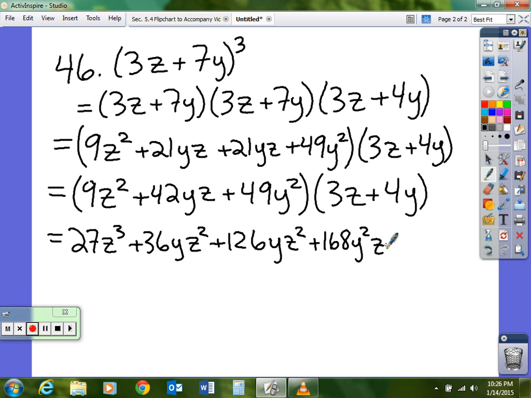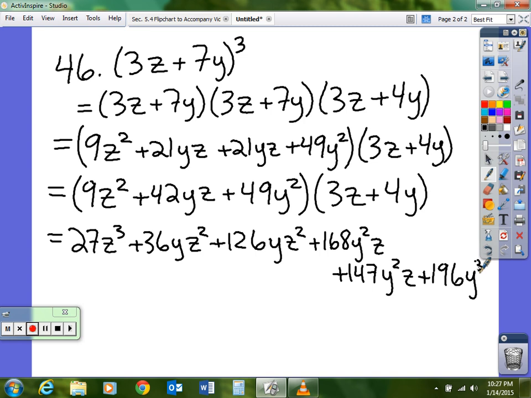And finally, 49y squared times each of the two terms in the parentheses. 49 times 3 is 147 y squared z. 49 times 7 is 343, and this will be a y cubed term.